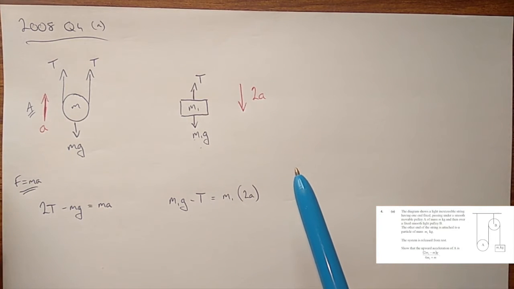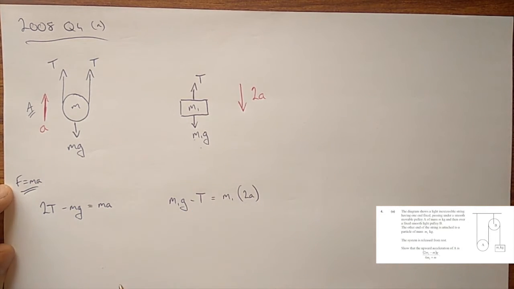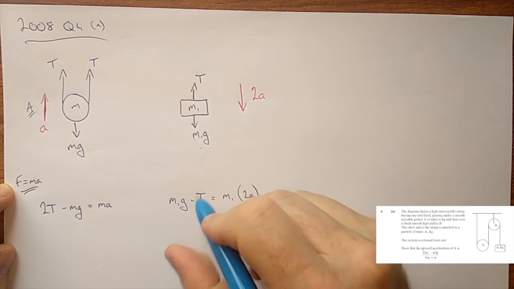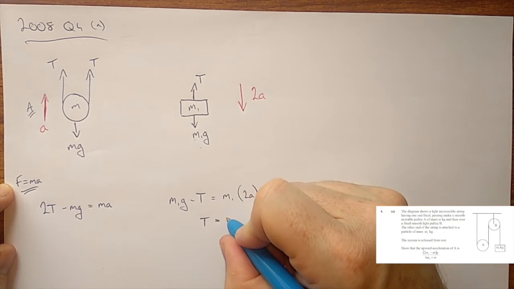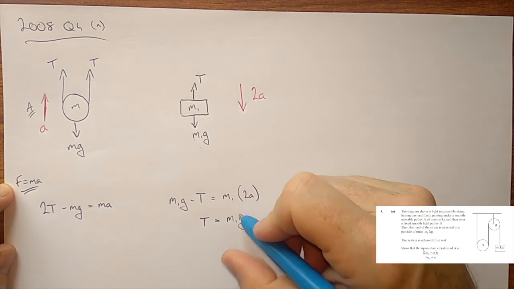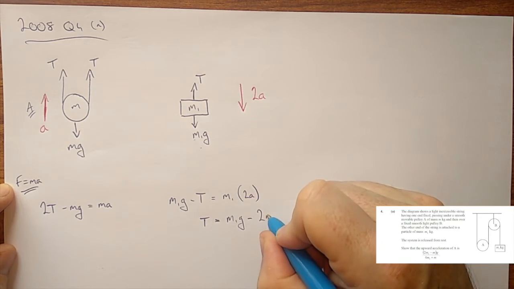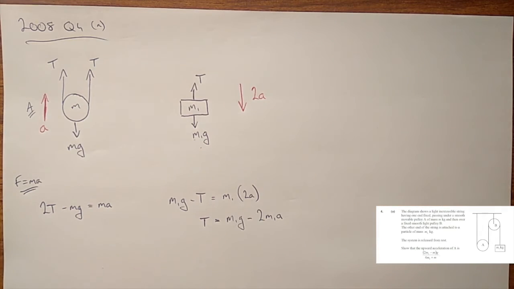We want to figure these out, and we're looking for acceleration, so we're going to get rid of t. Just a small bit of rearranging here. What we'll find is that t is m1g minus 2m1a.